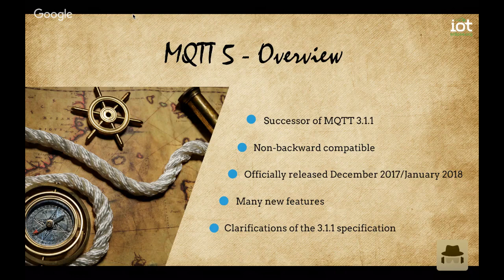So actually, it was released shortly after Christmas, but I guess most people noticed that it's publicly available in 2018. And it also has a lot of clarifications from the MQTT 3.1.1 specification. So to make sure that implementers of the specification get everything right.